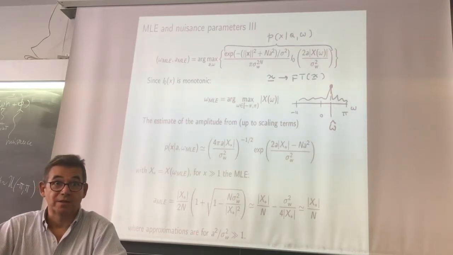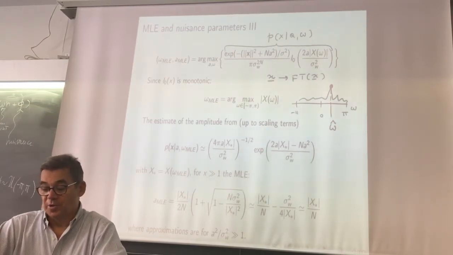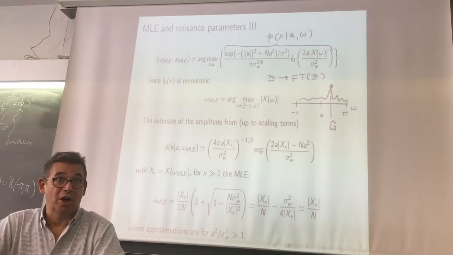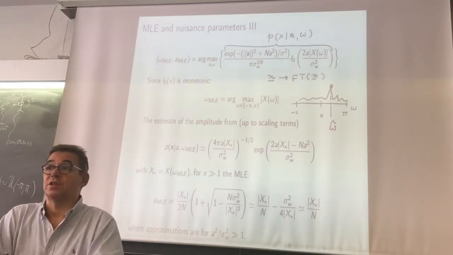It's not complicated, right? So at the end of the story, the frequency that maximizes the Fourier transform of the data is the estimator of the frequency of the sinusoid.